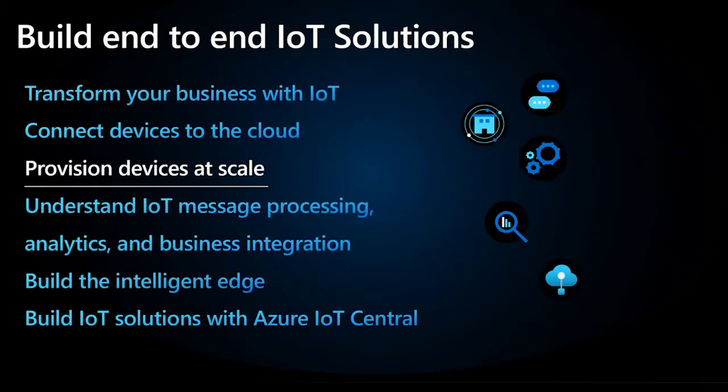Now this whole event is part of the Build an End-to-End Solutions series, where we talk everywhere from transforming your business with IoT to connecting devices to the cloud. Today, we're going to focus on provisioning devices at scale, but soon we also have other sessions as well, including understanding IoT message processing, analytics and business integration, how to build the intelligent edge, and how to build IoT solutions with IoT Central.